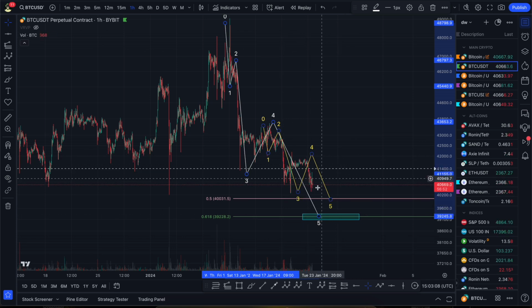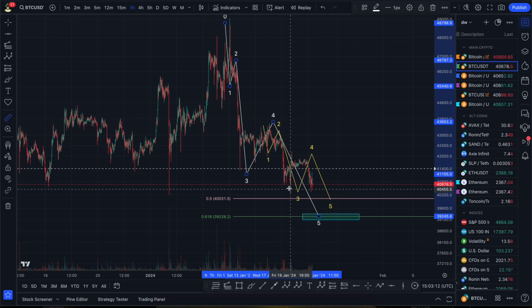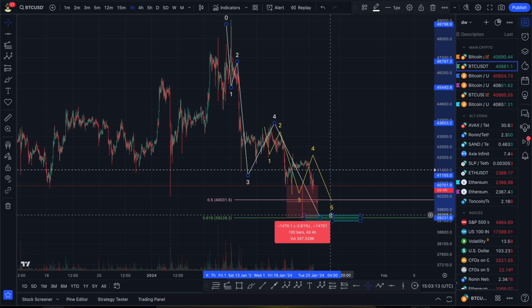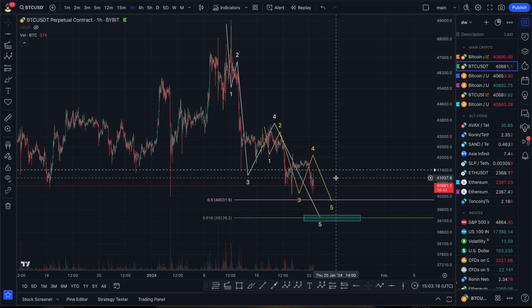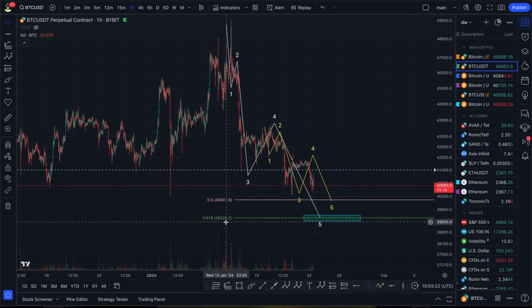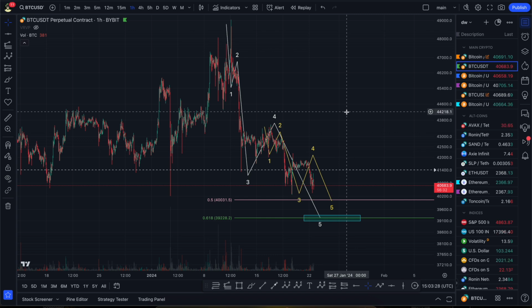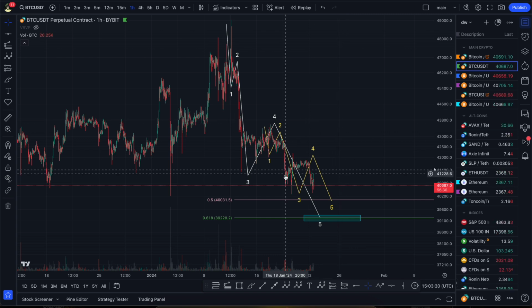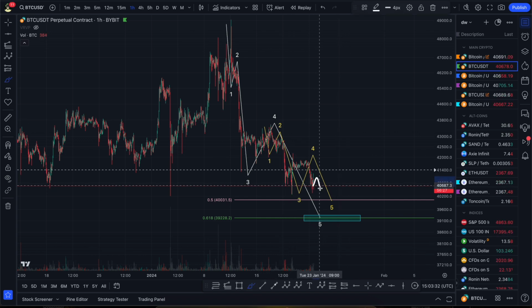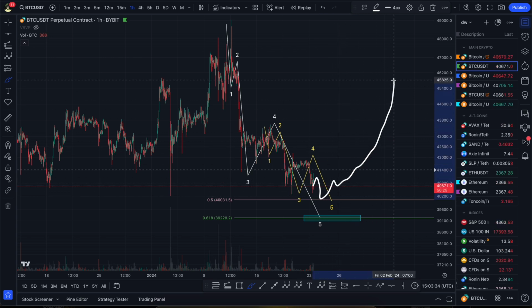So basically we have zones. From those zones there will most likely be some kind of bounce, and we will see what kind of bounce and what kind of growth we are expecting. Locally, what I'm thinking about the Bitcoin right now is that we can still go lower, to around 39,200, and from this area we will most likely see some kind of bounce. But nothing cancels that we possibly may not reach those levels, and only then go higher.